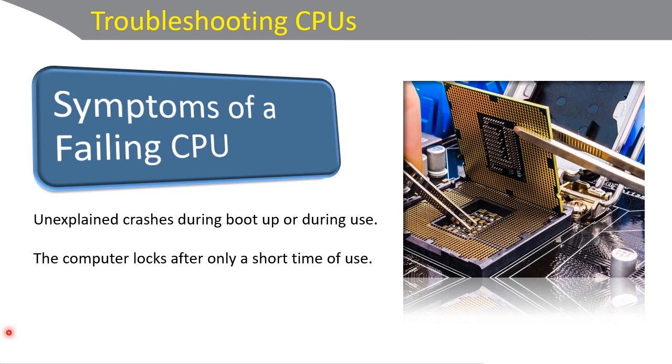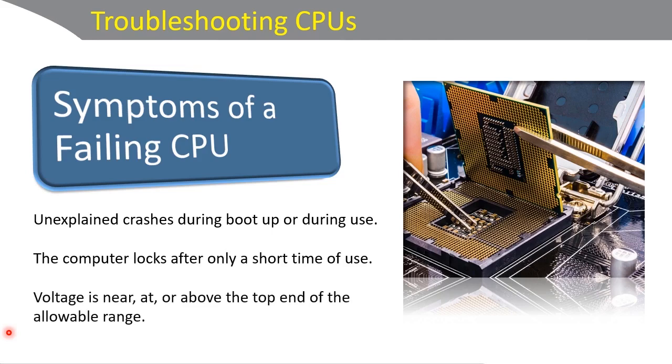You might also encounter unexpected shutdowns. And the voltage is near, at, or above the top end of the allowable range. Watch that voltage. And of course, another symptom is that the system simply won't boot. But that could be caused by a variety of things in the computer, not just the CPU.